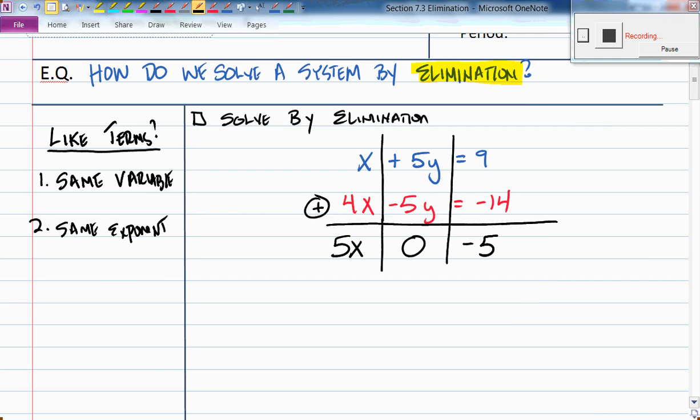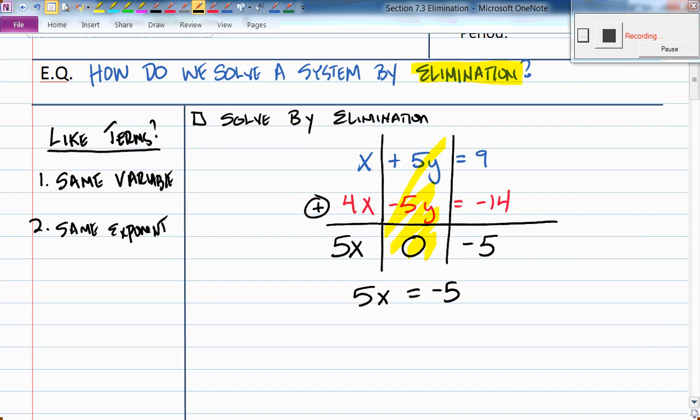Do you guys notice something? The y variable has been eliminated. It's gone. It's no longer there. You guys catch that? So, 5x has to equal negative 5. Look at that. All of a sudden, now we have an equation that only has one variable. 5x equals negative 5.